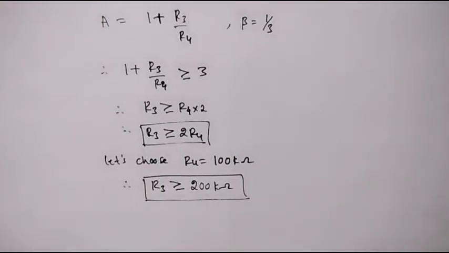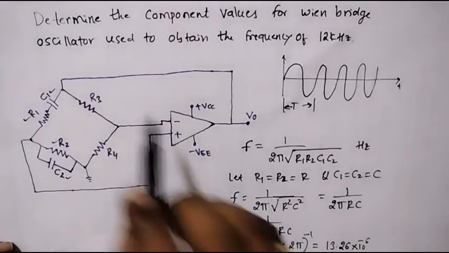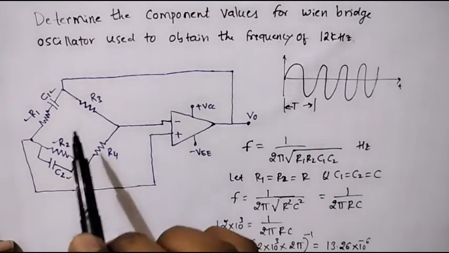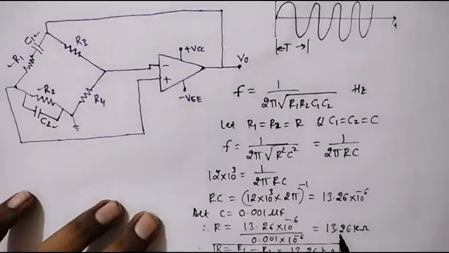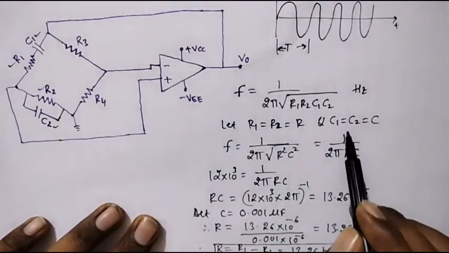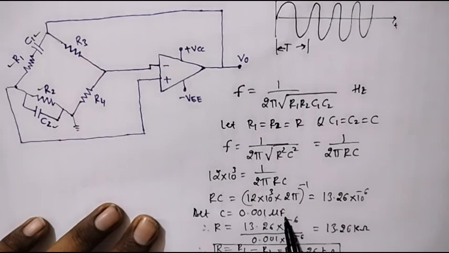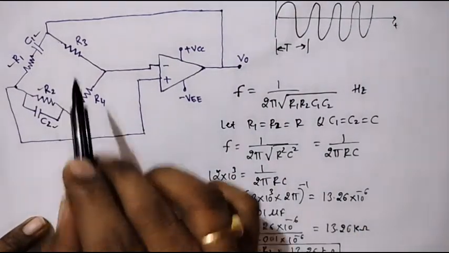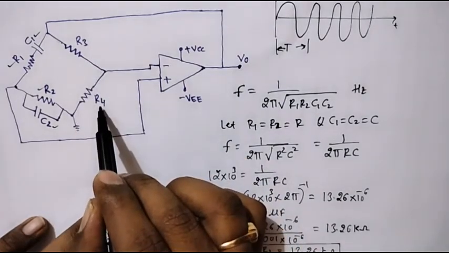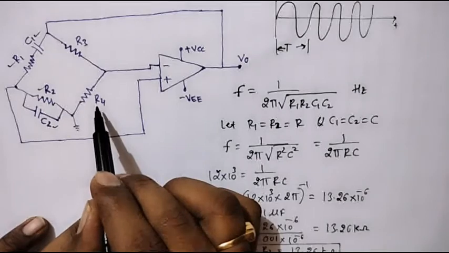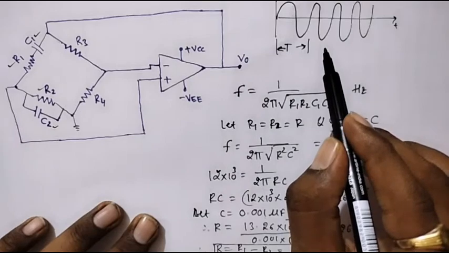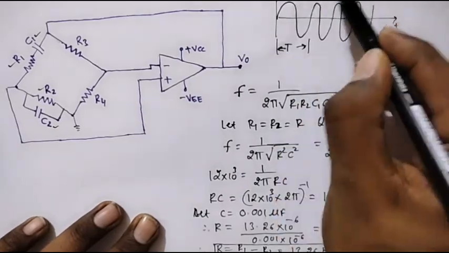So thus, according to the question, determine the component values, these all are the components. If we choose the value of R1 is equal to R2 as 13.26 kilo ohm and the value of C1 and C2 as 0.001 microfarad, with R4 as 100 kilo ohm and R3 chosen greater than or equal to 200 kilo ohm, then this circuit will produce sustained oscillations which oscillate with a frequency of 12 kHz.